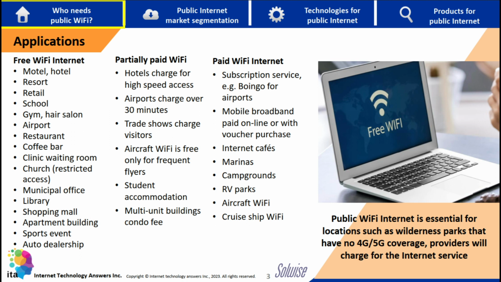Marinas generally charge for the Wi-Fi because there's no 5G coverage. Campgrounds, RV parks, caravan parks generally charge for the Wi-Fi service. Once again, there's no 5G in those areas. And I mentioned aircraft Wi-Fi, cruise ships. If you go cruising, you're going to pay for the internet on the cruise ship.